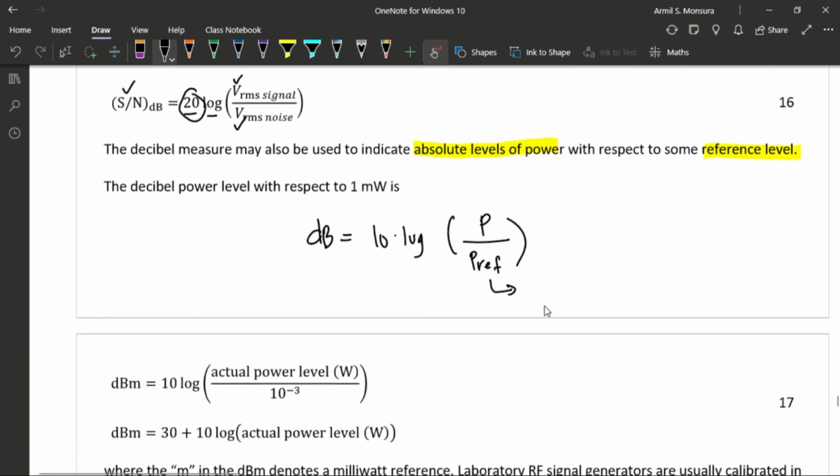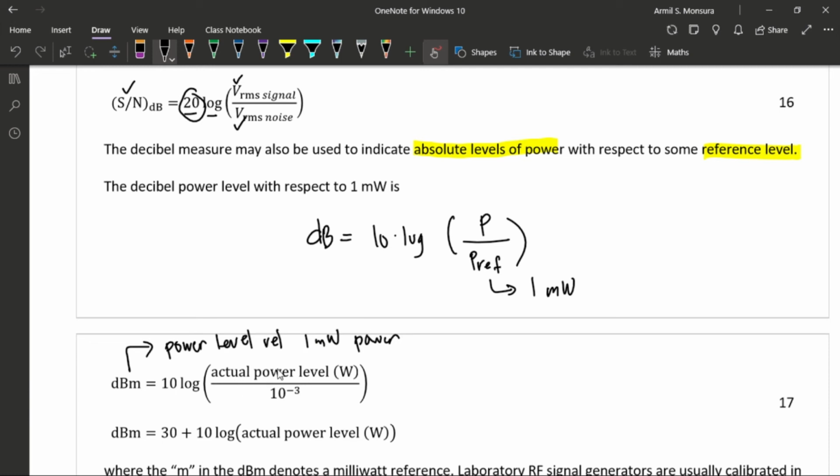Say for example, if your reference is 1 milliwatt, your decibel becomes now dBm. So, ibig sabihin, dBm means power level relative to 1 milliwatt power.